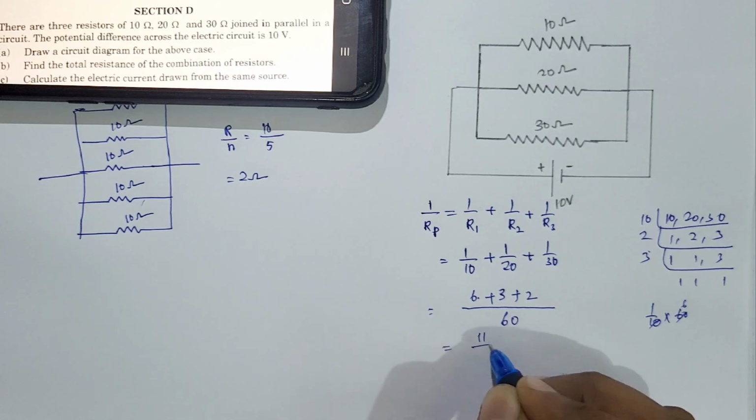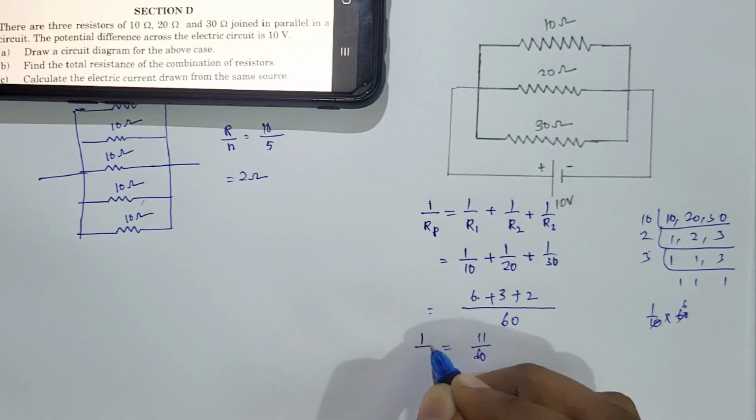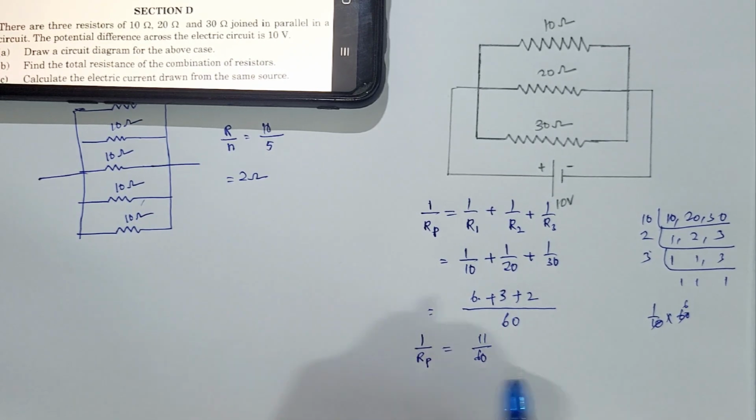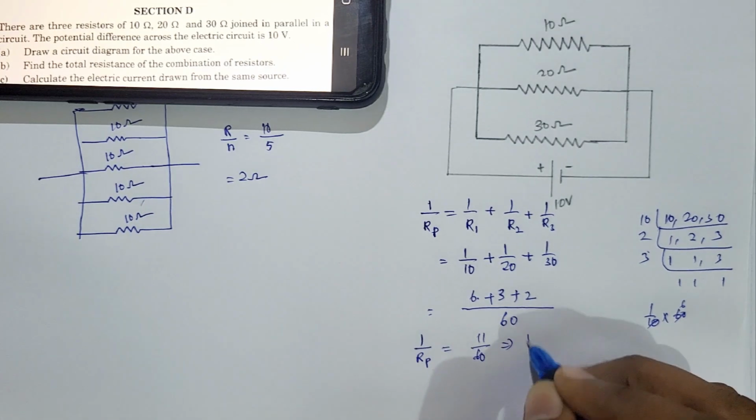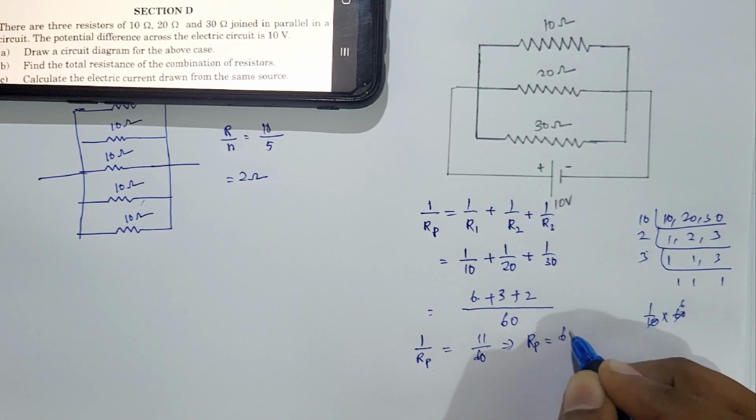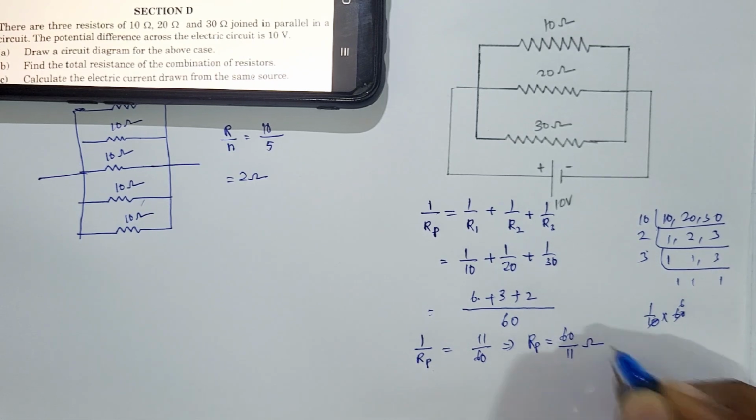That is 11 divided by 60. What is here? 1 by Rp, not Rp. So which implies Rp is equal to 60 divided by 11 ohms.